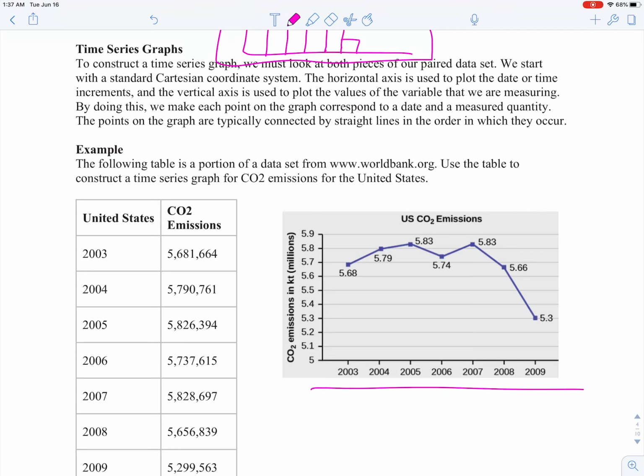Date or time increments, and the vertical axis is used to plot the values of the variable that we're measuring, those frequencies, those distances, whatever it is. By doing this, we make each point in the graph correspond to a date and a measured quantity. So again, just like an XY pair. The points on the graph are typically connected by straight lines in the order in which they occur.